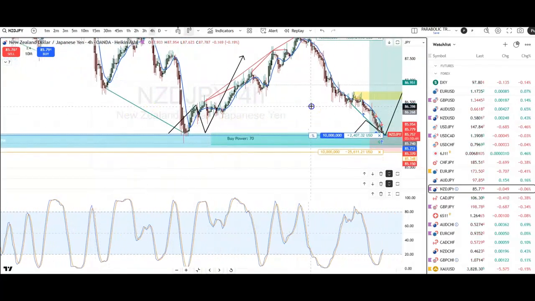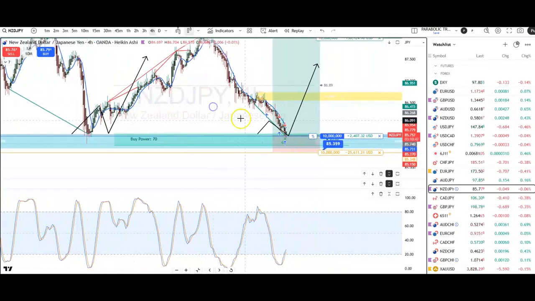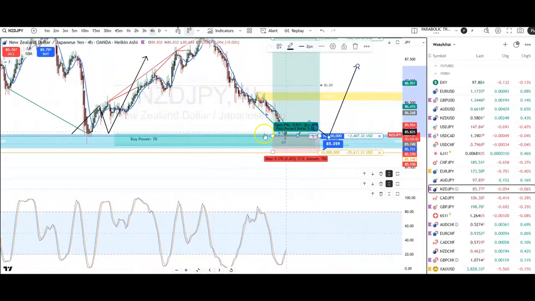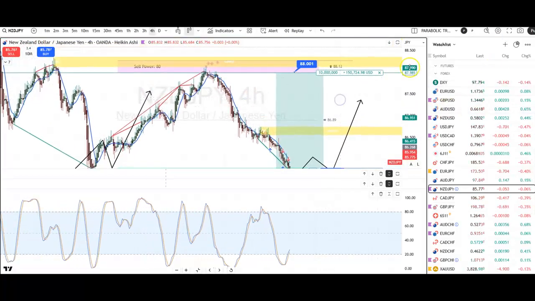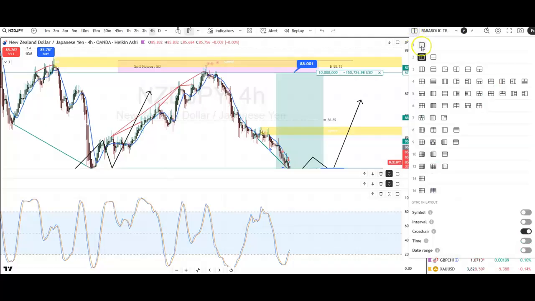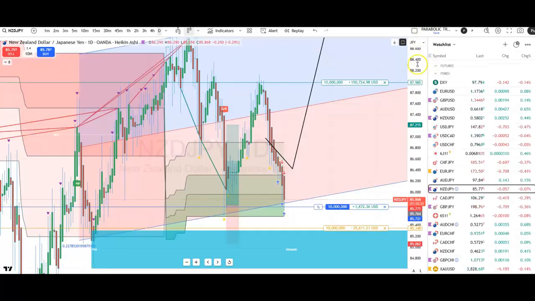If we have that combination with convergence and a buy power of 70, special settings, as you know, then we have a very good chance of this price actually moving up and bouncing significantly to the upside. Now, how do I know it's going to be significant? Because we look at the daily chart. Have a look at this.